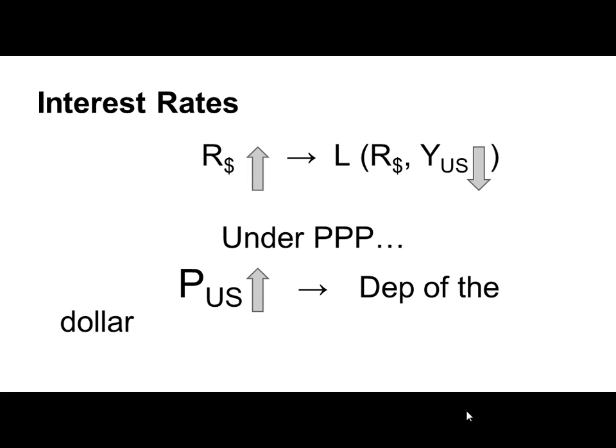So if the interest rate in the United States goes up, money demand in the United States goes down, and then the price level in the United States goes up. Then under PPP, an increase in the interest rate in the United States causes the depreciation of the dollar.